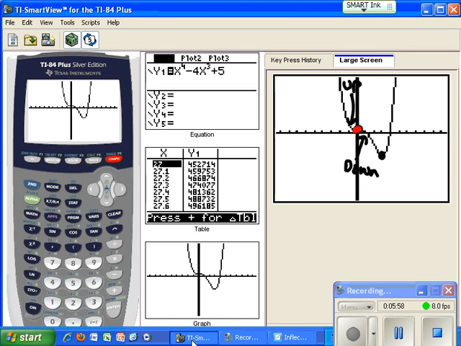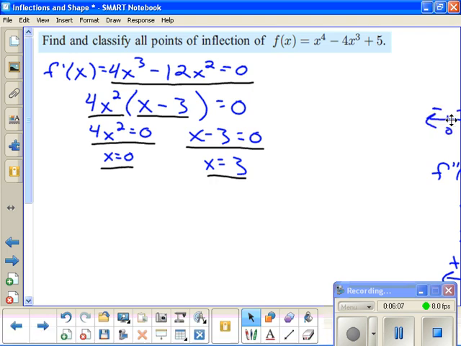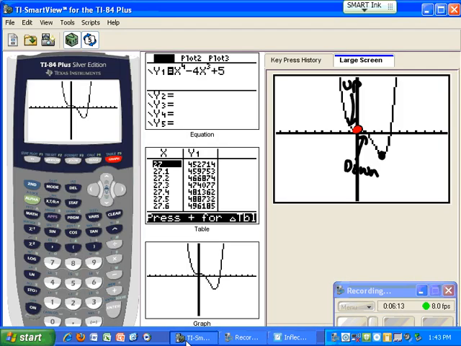So let's keep going back to our graph and find out. The first thing I'm going to do is a sign diagram based on my function. If I notice on my original graph, it's decreasing. So here it's negative, until it gets to a certain point, then it continues to be negative, decreasing, and then it starts to increase at this other point. This is the value 3.